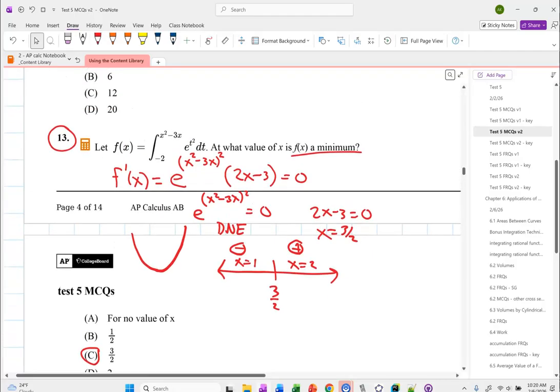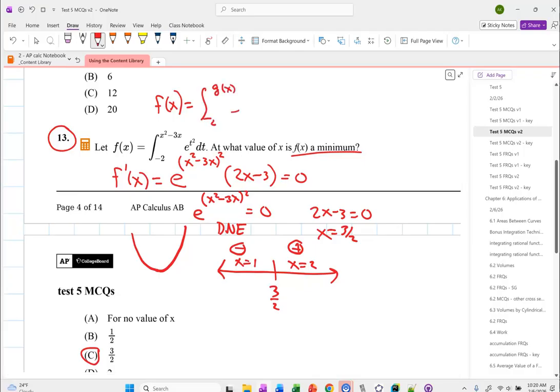So if I think about this, this is really f of the integral from -2 of g of x, e to the t squared dt, right? So the derivative then should be e to the f of x squared times the derivative of f of x. Oh, I missed a thing here.